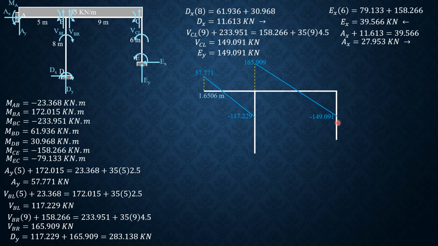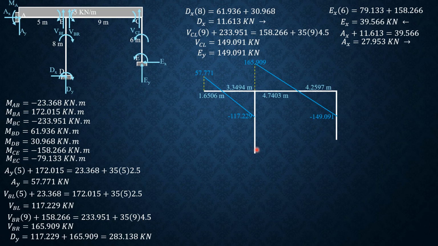Then the distance 1.6506 is 57.771 divided by 35, or you get that by similar triangles. Therefore, this is 5 minus 1.6506, so 3.3494 meters. This distance is 165.909 divided by 35, and that's 4.7403 meters. This is 9 minus 4.7403, so it is 4.2597 meters.